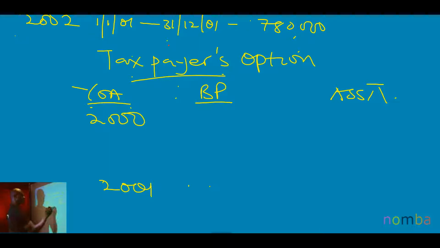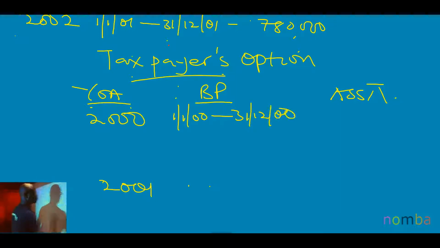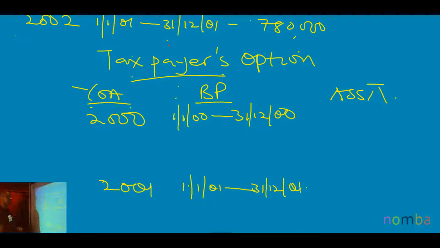For 2000, it's going to be 1st January 2000, from the first day of the year, that is on actual year basis, to 31st December 2000. For the second year, it's going to be 1st January 2001 to 31st December 2001.